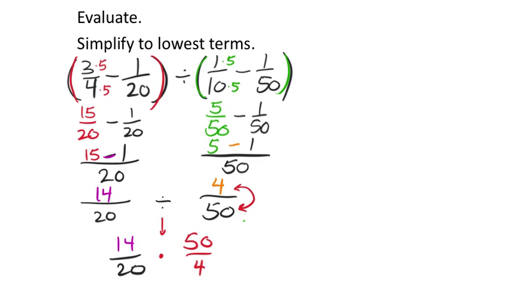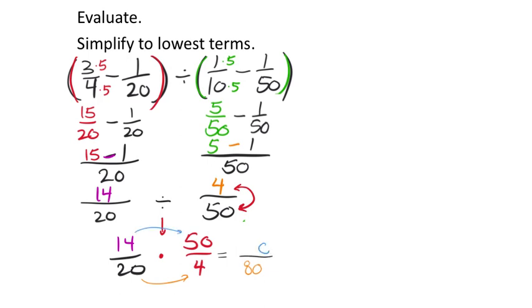Let's do straight multiplication. So in multiplication, this will give us new numerators and denominators. I'm going to start with the denominator actually, just because it's going to be a little bit easier. Really, it's 2 times 4, which is 8, and then tack a 0 on. Now you can do 20 times 4 if you'd like, but you're still going to get 80. And 14 times 50, well, same idea with this one.